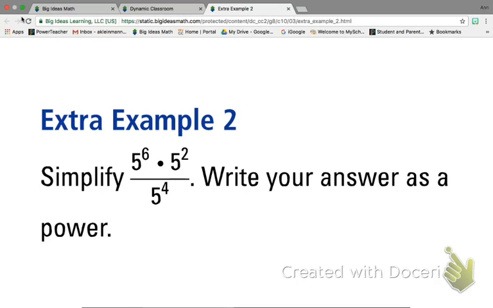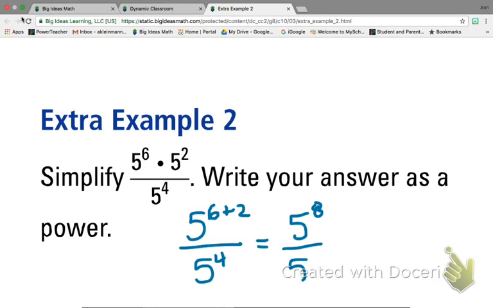Okay, please try this one and simplify writing your answer as a power. Notice that 5 to the 6th times 5 squared can be simplified using the product of powers property. So the numerator would be simplified 5 to the power 6 plus 2, which simplifies to 5 to the 8th power.